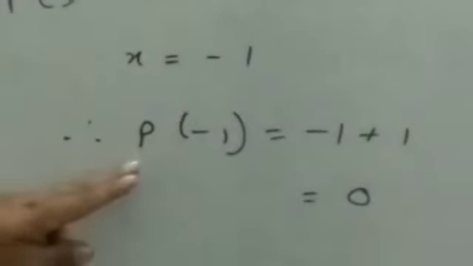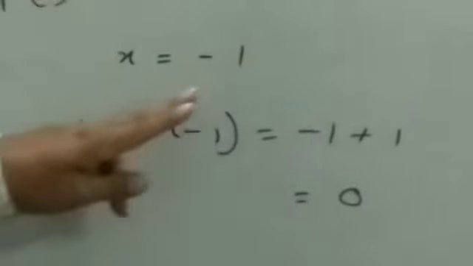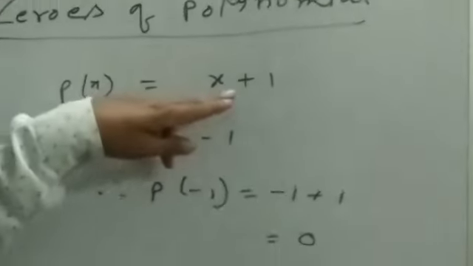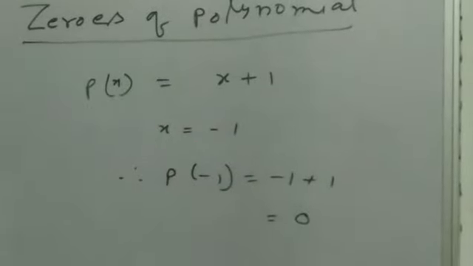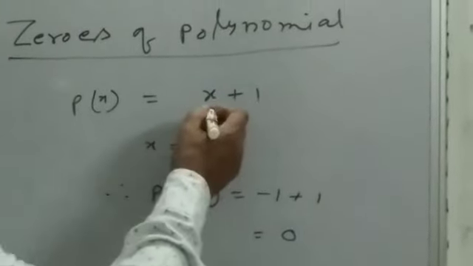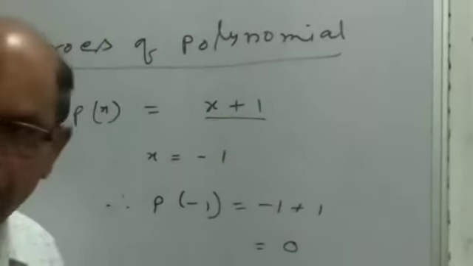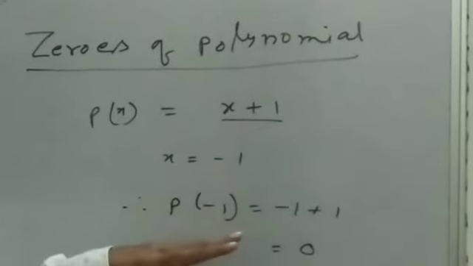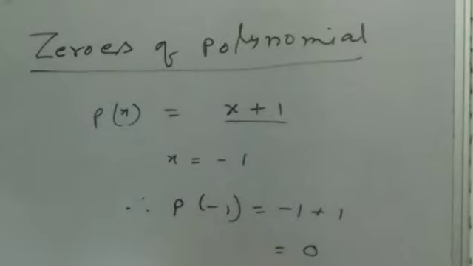So the value of the polynomial at x equal to minus 1 is 0. So minus 1 is the zero of this polynomial. It is clear that if for some value the polynomial is 0, then that number is called the zero of the polynomial. Here x plus 1 is a linear polynomial, so there is only one zero of this polynomial.